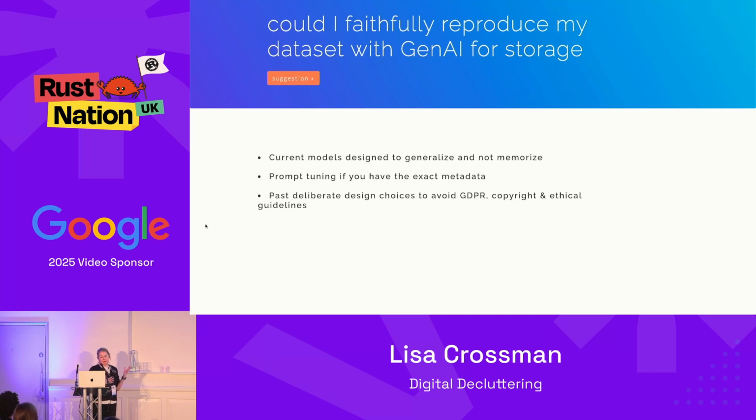But there are a few problems with that, because current models are designed to generalize and not memorize. But you might be able to get around it a bit if you have the exact metadata. You could do some prompt tuning. And it's partly due to past deliberate design choices to avoid things like GDPR, copyright, and ethical guidelines. So I think you'd have to change some of the ways models are made if we wanted to do that.